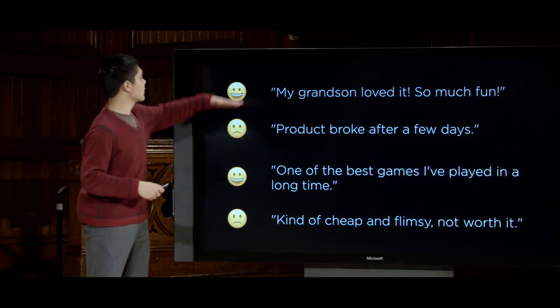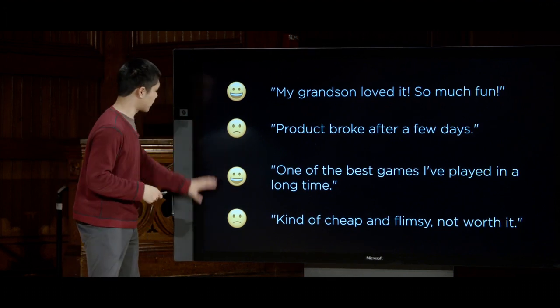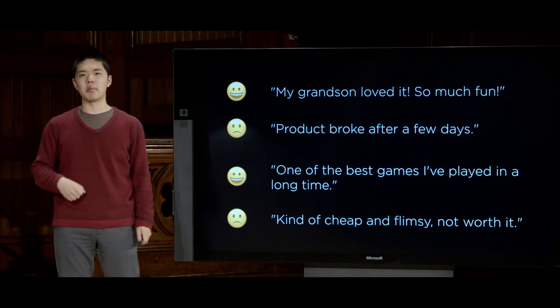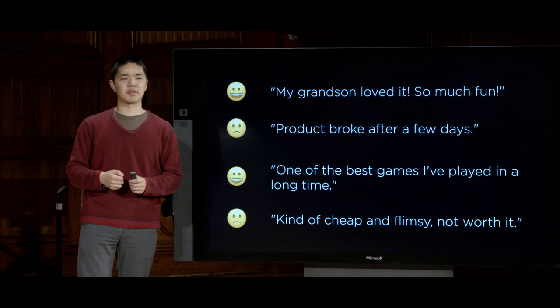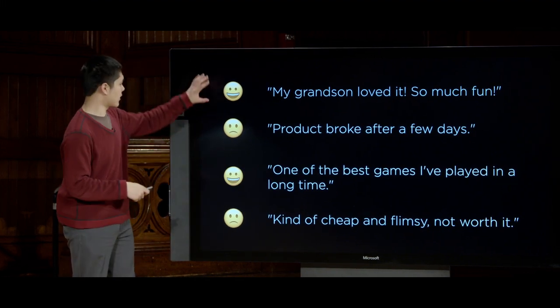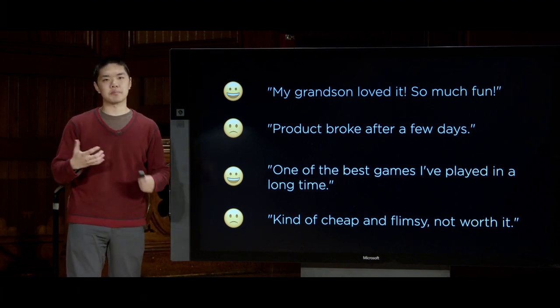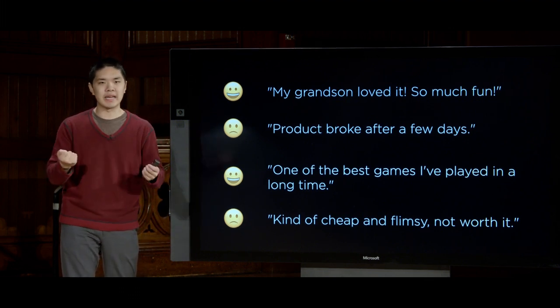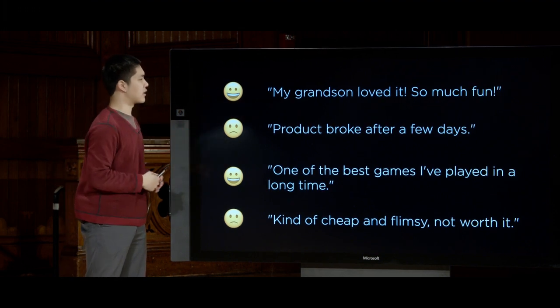We'd probably say that the first and the third one, those are positive sentiment messages. The second one and the fourth one, those are probably negative sentiment messages. But how could a computer do the same thing? How could it try and take these reviews and assess, are they positive or are they negative? Well, ultimately, it depends upon the words that happen to be in these particular reviews, inside of these particular sentences.